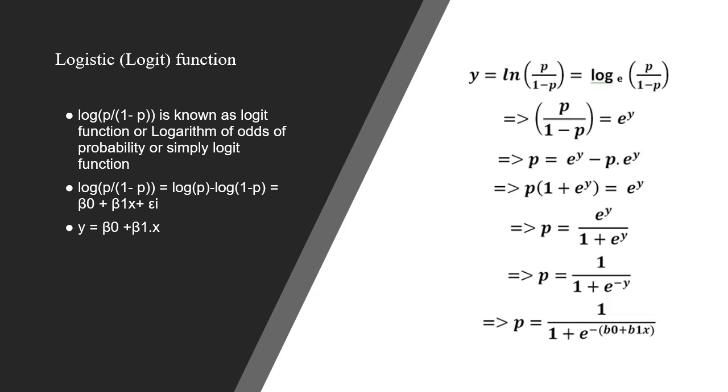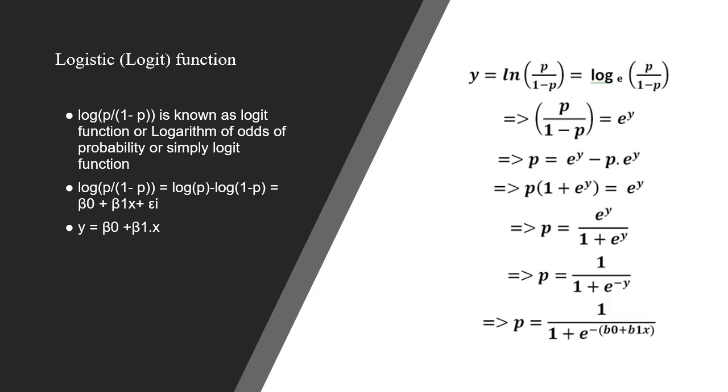Now this equation you can expand: remove the log from the right hand side and bring it to the left hand side, then it will become exponential. Some maths is involved here. P by 1 minus P is e to the power Y. From this, you multiply by 1 minus P on the right hand side and then again take P out of that. Then you ultimately get P as 1 by 1 plus e to the power minus Y. Now Y is, we know, b0 plus b1x.